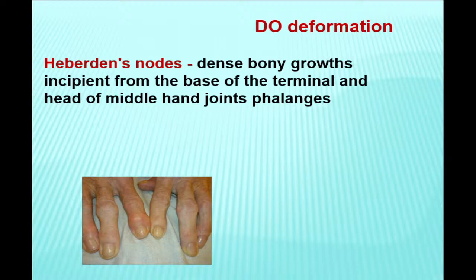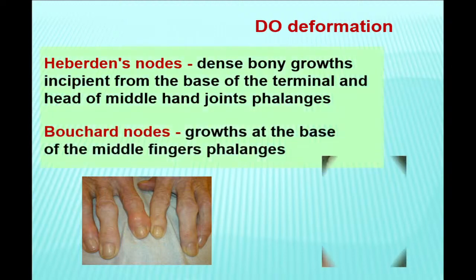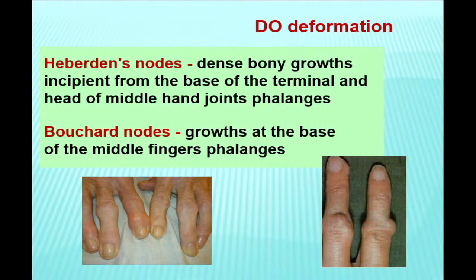We distinguish two groups of nodules. Heberden nodes, which localize at the terminal joints, and Bouchard nodes, which localize at the middle joints of the fingers.